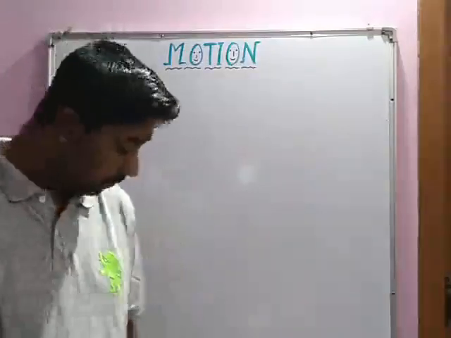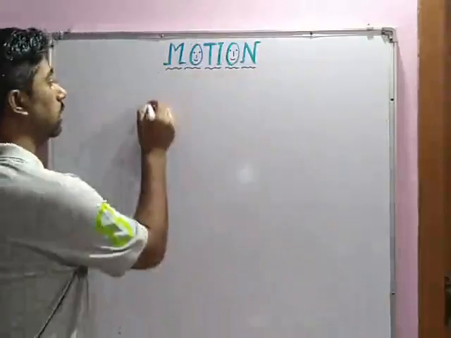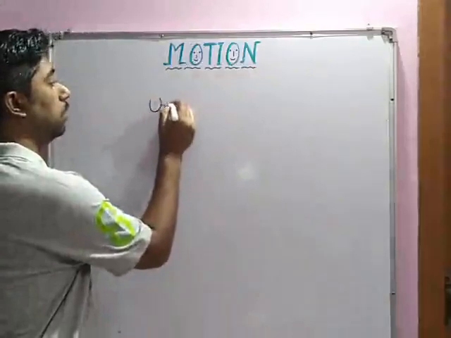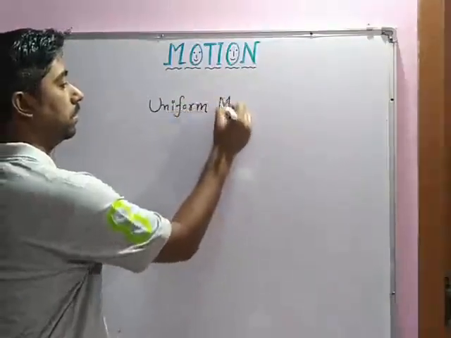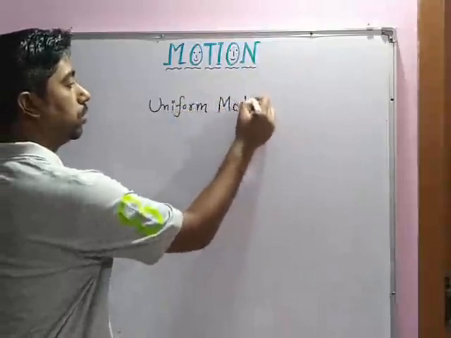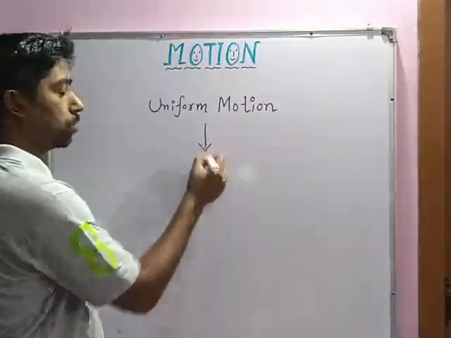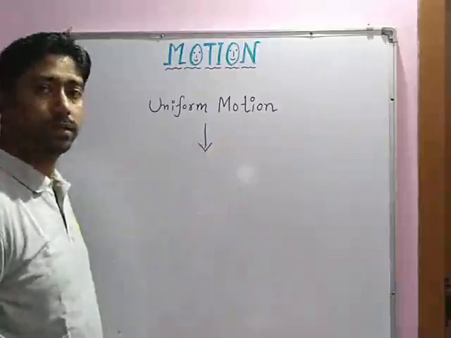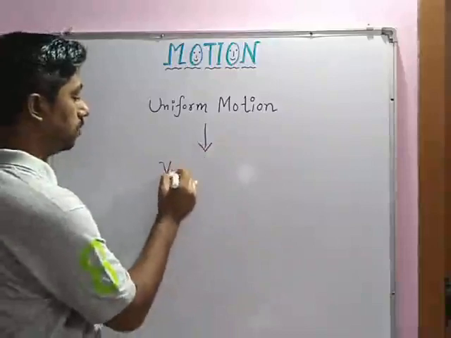Okay. Now uniform motion, if you recall, what is uniform motion? Motion in which the velocity of a moving object remains same. What should remain same?